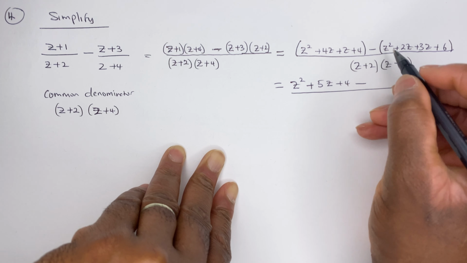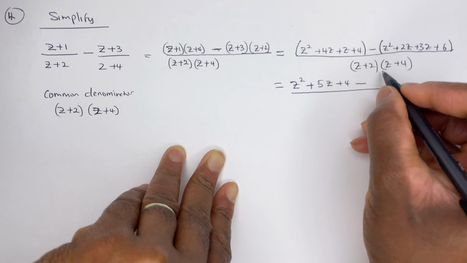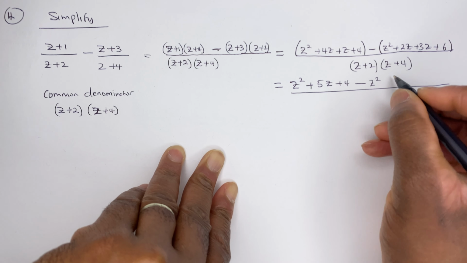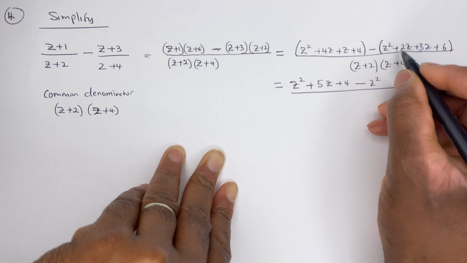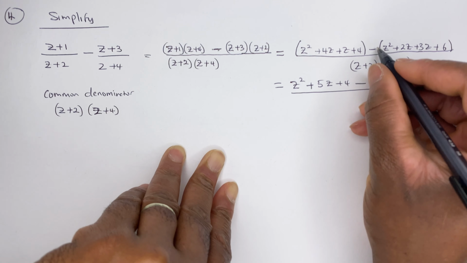minus z squared. There's a 1 here, minus 1 times z squared is minus z squared. This is 5z, minus 1 times 5z is minus 5z.